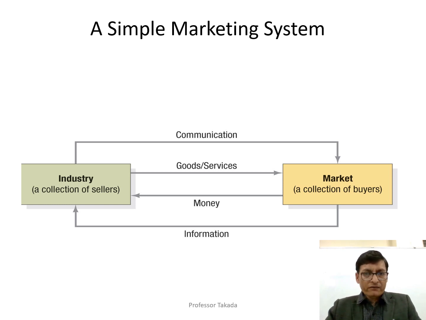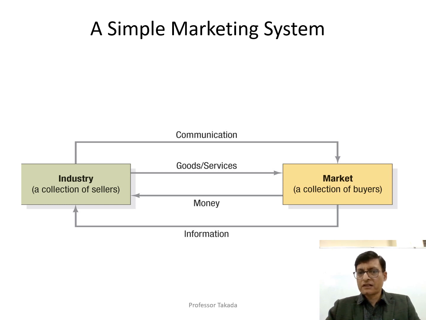Now, on one end of this system there is industry, that is the organization, and on the other end is the market, that is the buyers. So on one end there are sellers, on the other end there are buyers. Industry means sellers, organization means sellers.